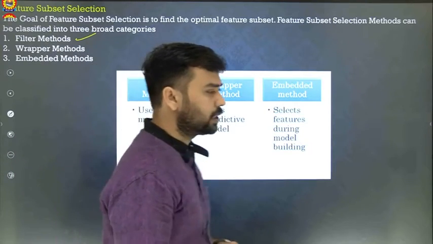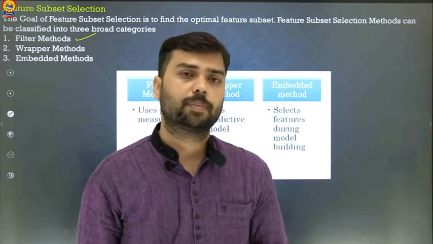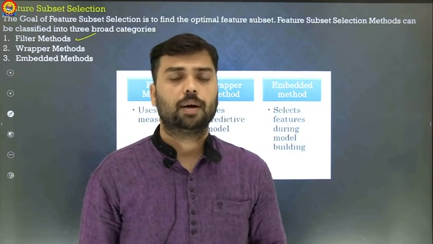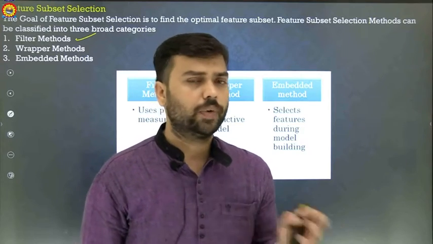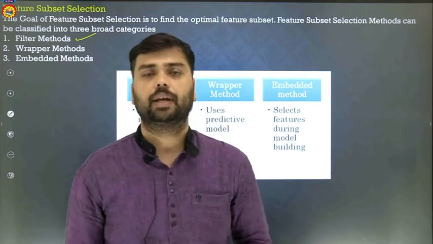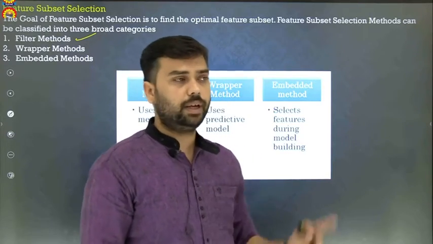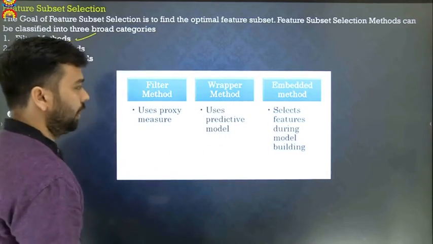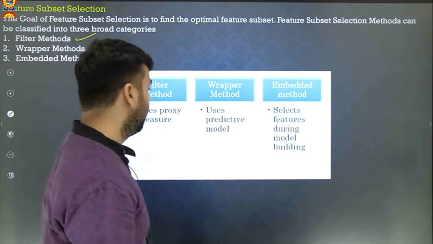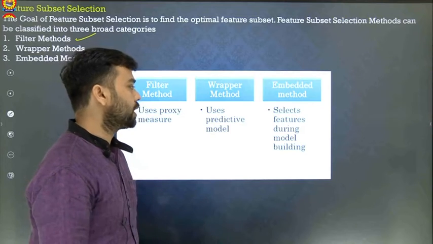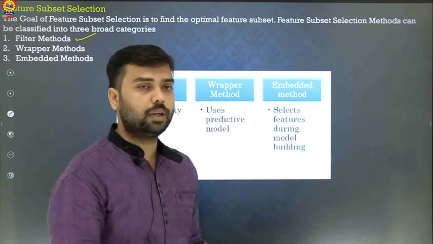In embedded methods, while developing the model, we include some steps by which we can choose the best features during the development of the model. We will discuss each one by one, and I can clear your doubts on these three types of methods. Filter methods use proxy measures, wrap methods use predictive models, and embedded methods select the features during the building of the model.